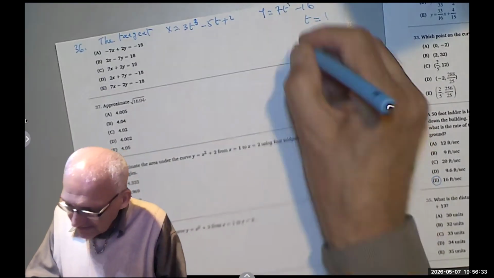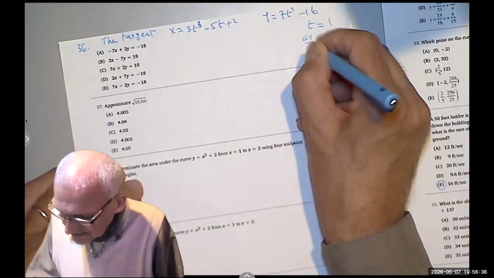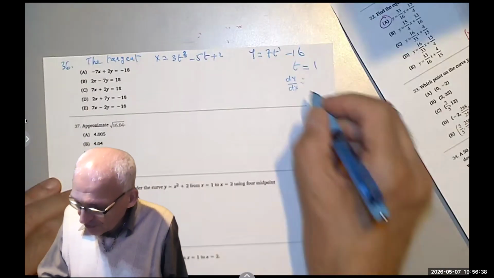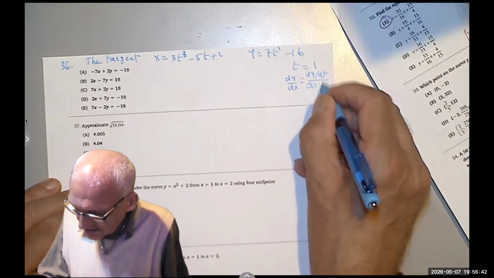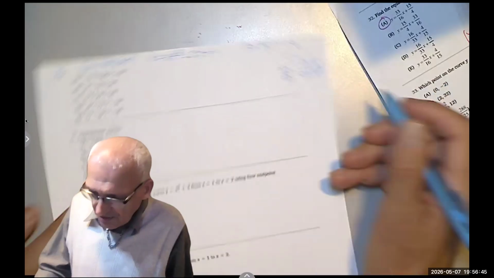Okay, so I know that dy/dx in parametric form is dy/dt divided by dx/dt, right? You know that.